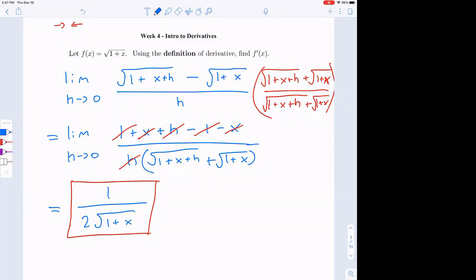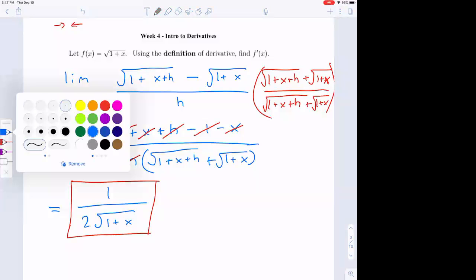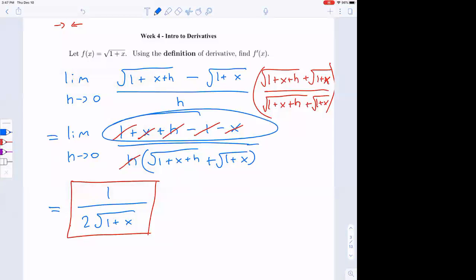You could have to do what we did here, multiply by the conjugate. But regardless, after you factor it completely and you cross out any like terms like we did at this stage, the general rule would be that you must have a factor of h to cross out on the top and bottom. If you don't have a factor of h at this step on the top and bottom, something's gone wrong.